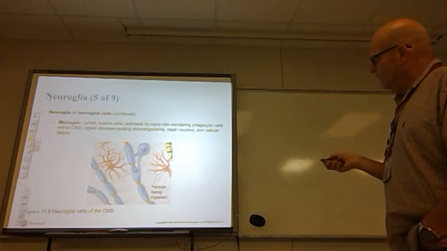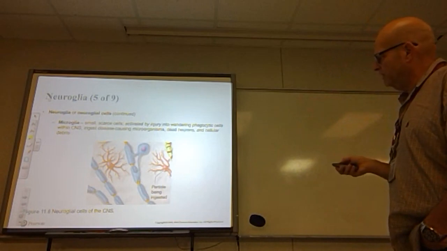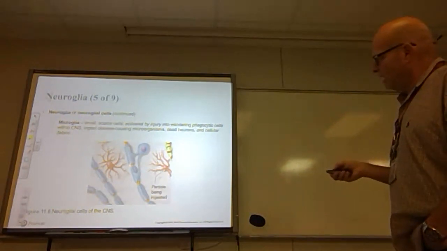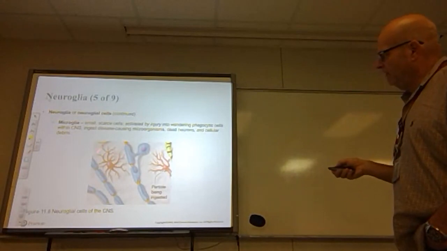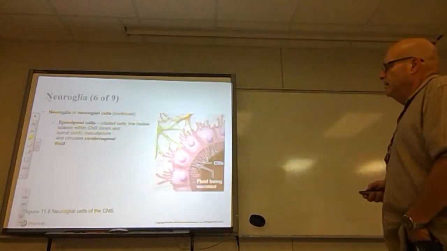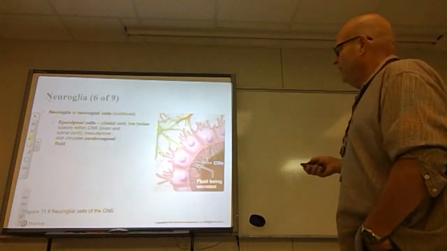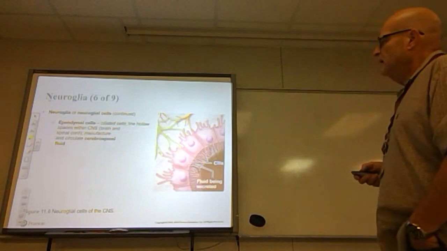So the astrocytes supply oxygen, nutrients, and those sorts of things and help hold everything in place. These form the myelin sheath, which insulates the axon, and these guys collect the waste. And finally, the epidermal cells are ciliated cells. They line hollow spaces within the central nervous system.